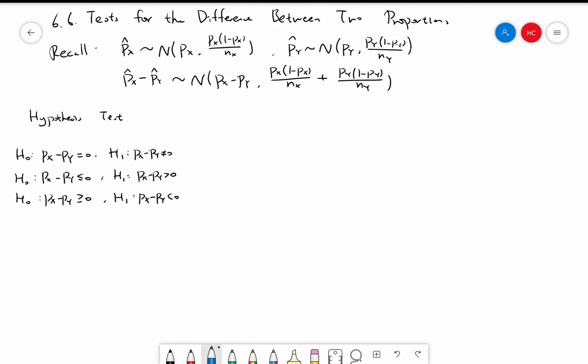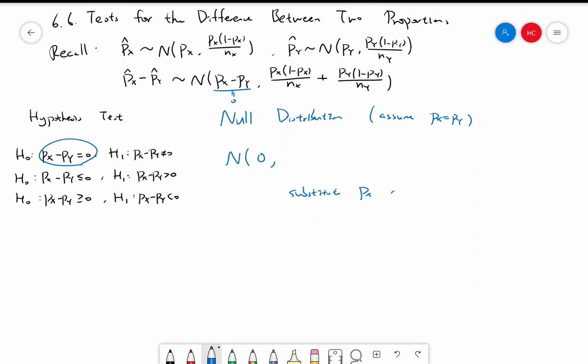So to calculate the p-value, we need the null distribution. So notice that in the null hypothesis, we're assuming p_x is equal to p_y. So the first term is equal to 0. So the null distribution has the mean 0. And for the variance, we substitute p_x and p_y, because we don't know their values, by the same value.